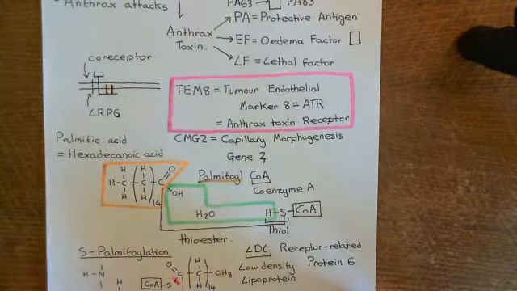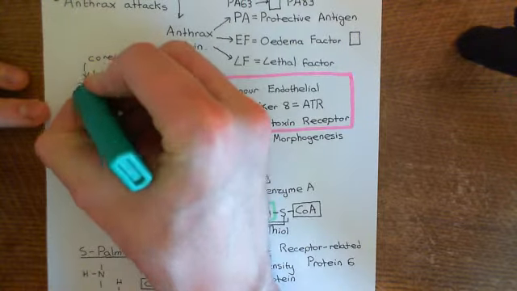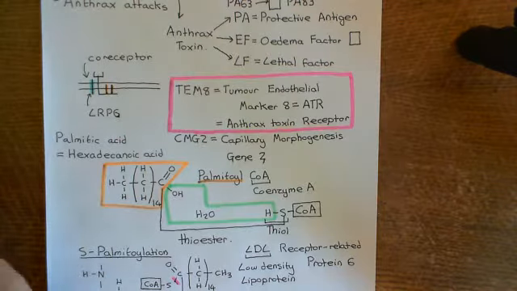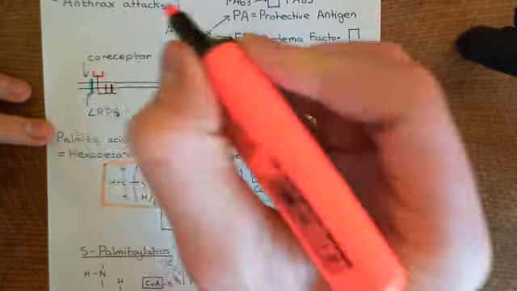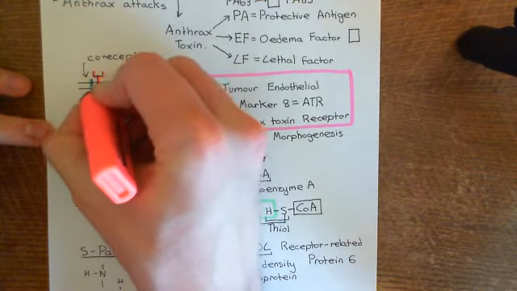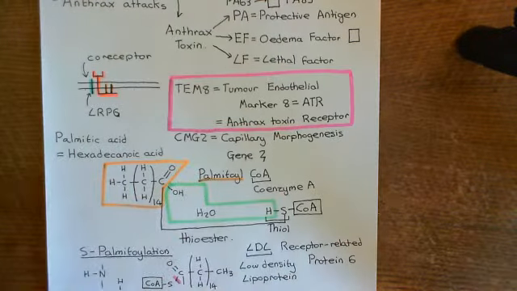Let me give this a little bit of colouring in. We'll have LRP6 in turquoise here, and TEM8, or the tumor endothelial marker 8, in red here. Now we're set up: we have our receptor for the protective antigen 83.